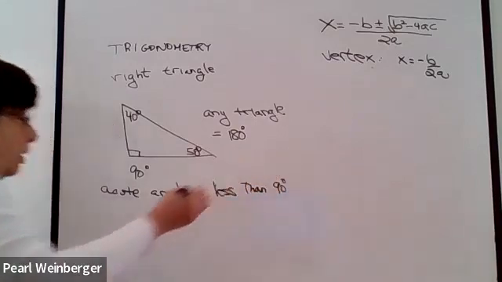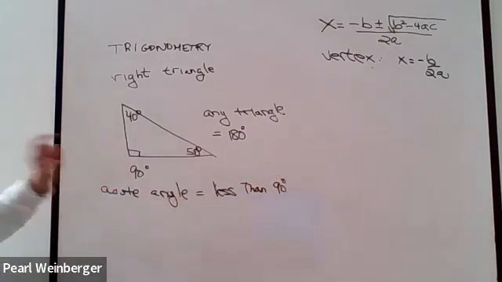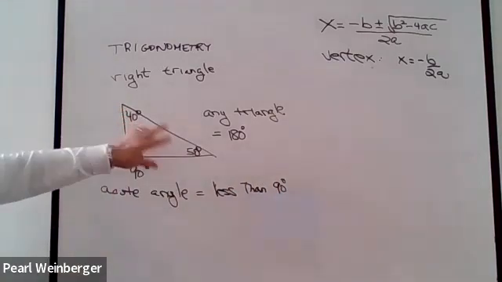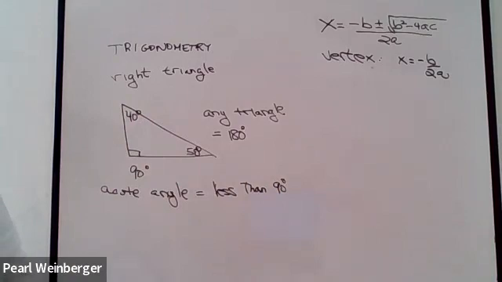So in any right triangle, you're going to have one right angle, a 90-degree angle, and two other angles that are each less than 90 degrees. They're going to be acute angles, and all three of the angles will always add up to 180.